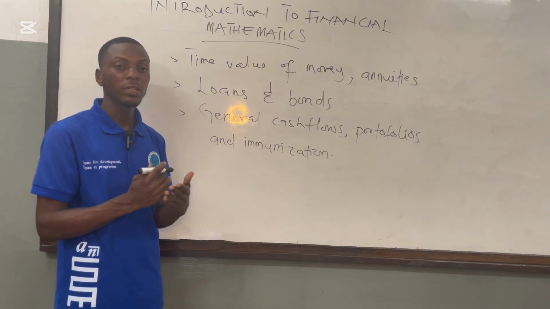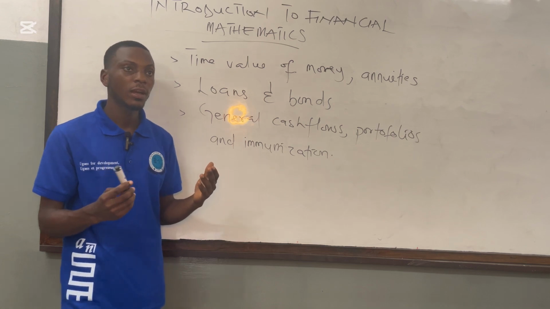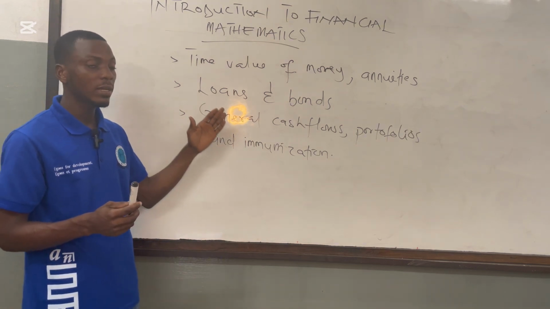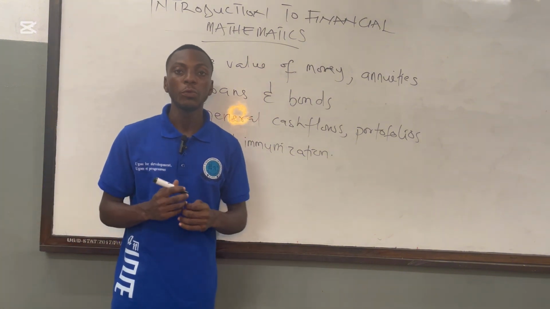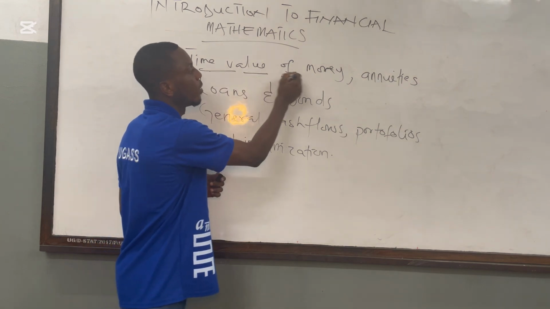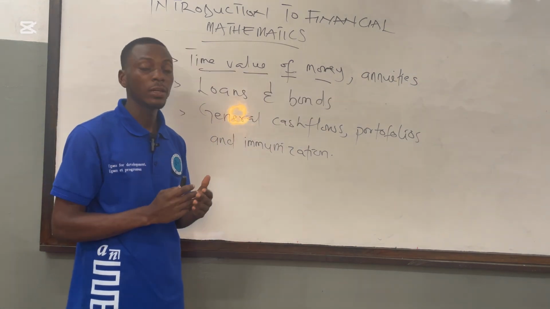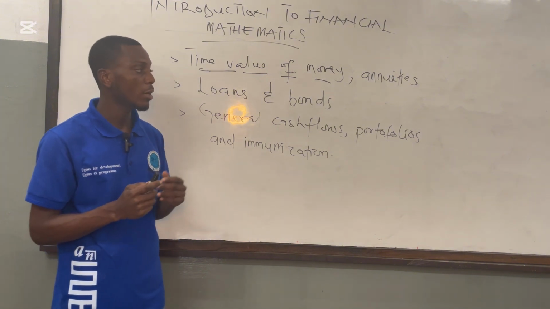So if you are a student preparing for your first actuarial exams in financial mathematics, I would encourage that you have studied and mastered these three topics. Today being our first time, we will take a look at time value of money. That is one topic that is of interest to every student who wants to pass their first actuarial exams.